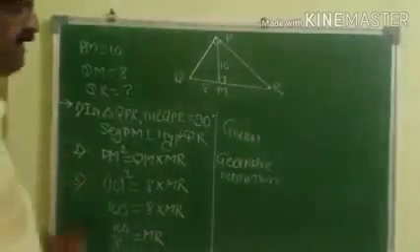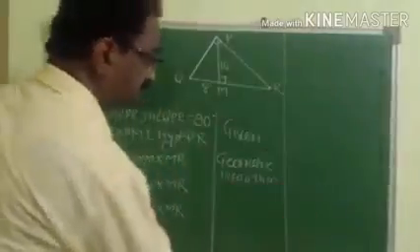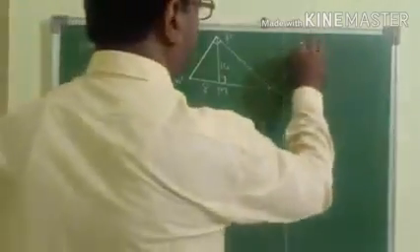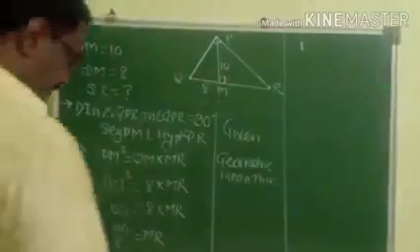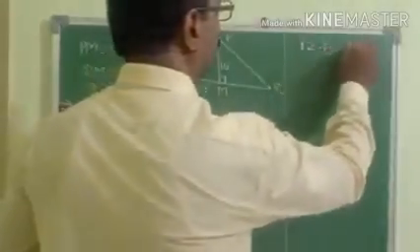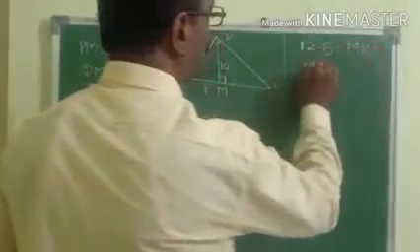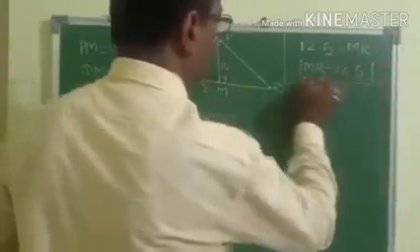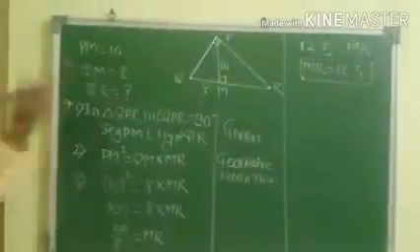Divide that 100 by 8. 8 ones are 8, remainder is 2, 20. 8 twos are 16, remainder is 4. 8 fives are 40. So MR is equal to 12.5. But we are interested in QR.